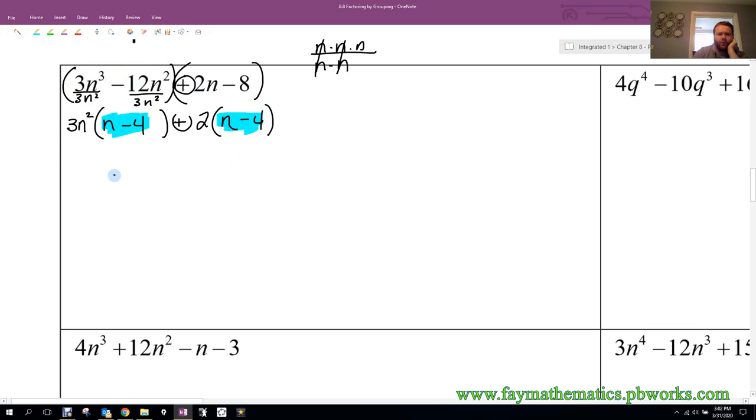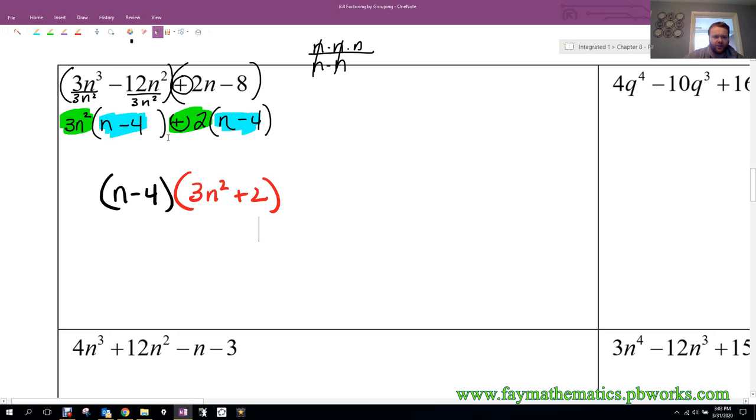So that becomes 1 factor. And then the stuff that's on the outside of the parentheses, that turns into our second factor. And we're done. You could FOIL this out, and it's going to get back to what we started with. But again, this black factor and this red factor, they could flip-flop if you want to, but it doesn't matter.